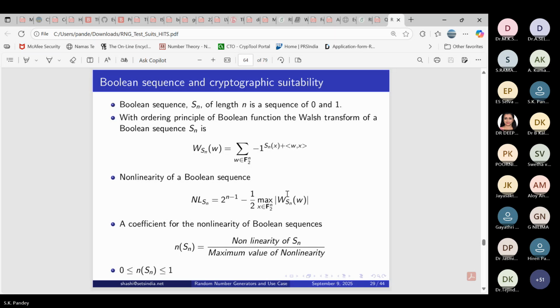We have done this for some set of binary sequences generated by our in-house random number generators, some true random number generators, some quantum random number generators, and some pseudo random number generators also. Apply those tests, like how many of them are achieving good nonlinearity. But doing this is quite expensive in terms of computation, and for larger lengths of bits, it is quite expensive.